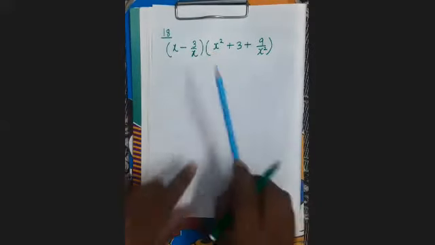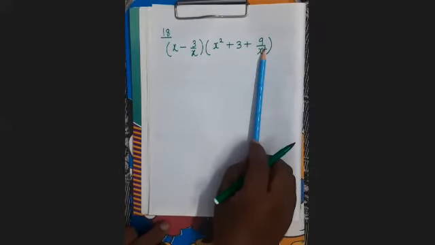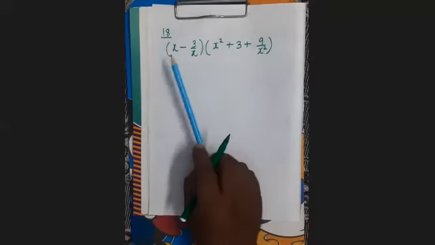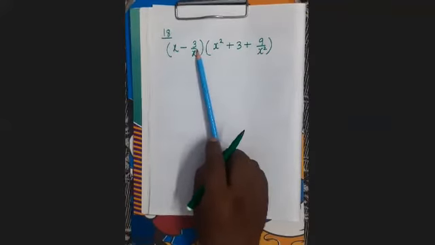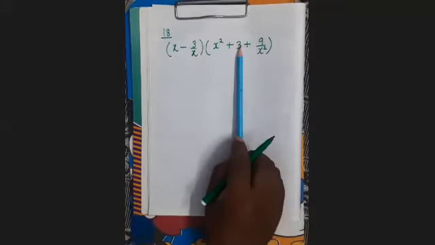This is the whole square of x. Then this is the whole square of what? 3 upon x, whole square. And if you multiply this and this, what will you get? It is 3.